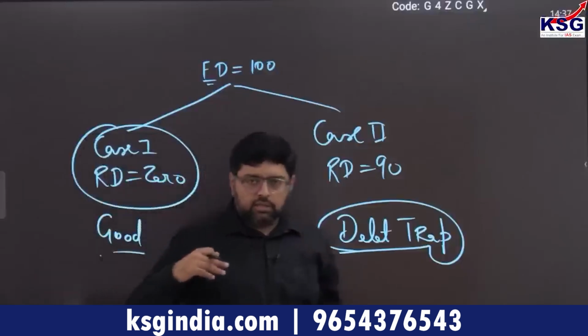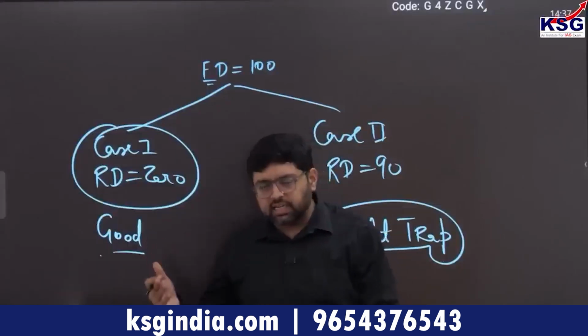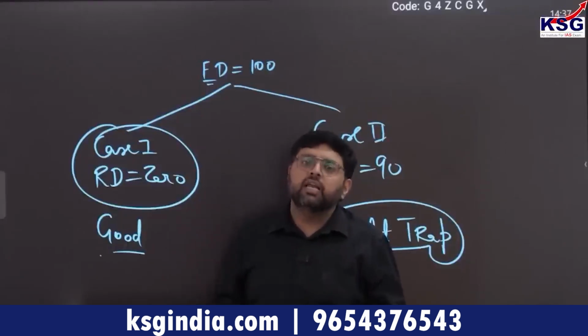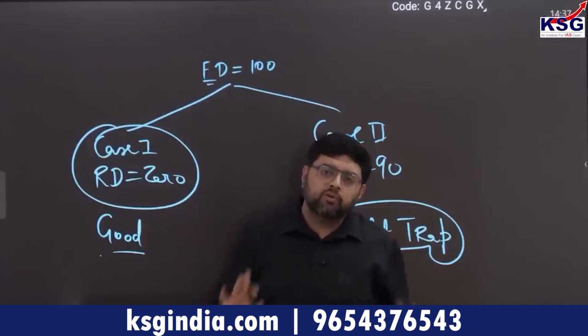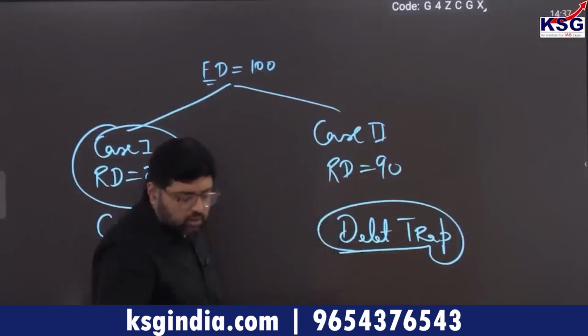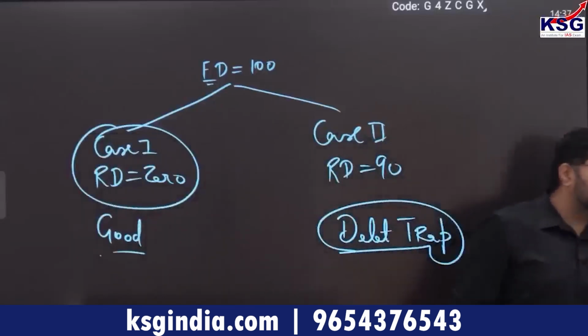For such expenditure, which is not responsible for asset creation, you must not take borrowing. This is the advice. But unfortunately, in our country we have to take borrowing for revenue expenditure also. Clear? So this is your FD, RD and BD. These three concepts I have made clear.